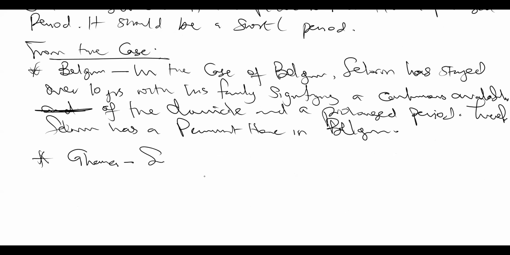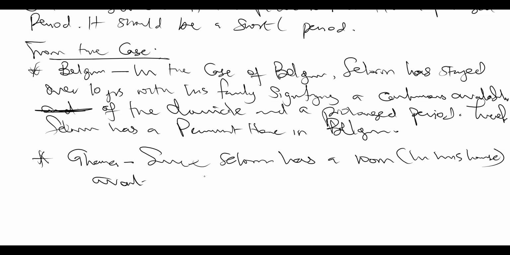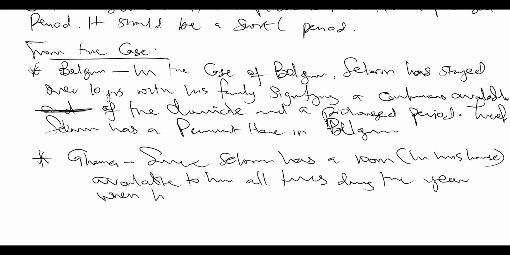Then I say, since Selom has a room in his house, not so, available to him at all times during the year when he visits Ghana, he has a permanent home in Ghana as well, right?